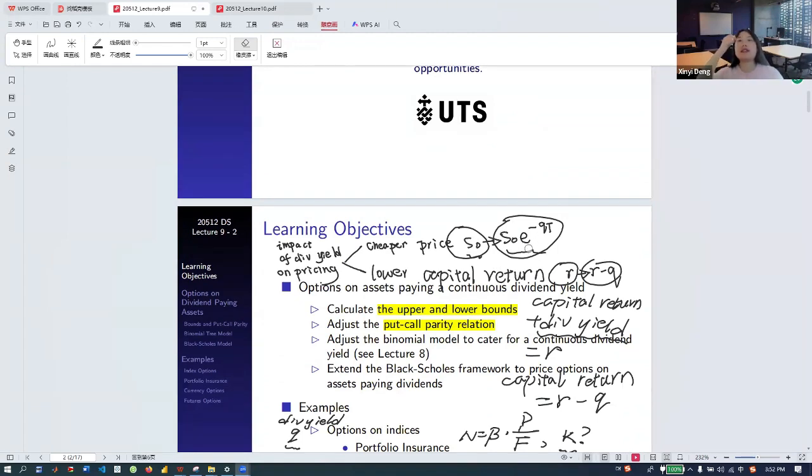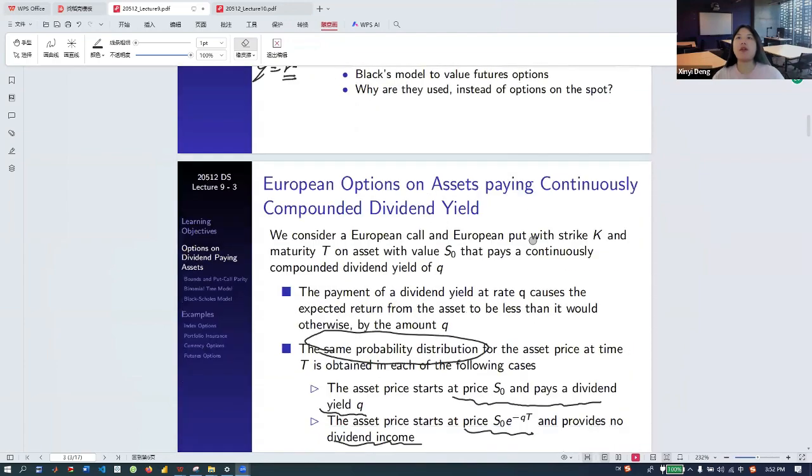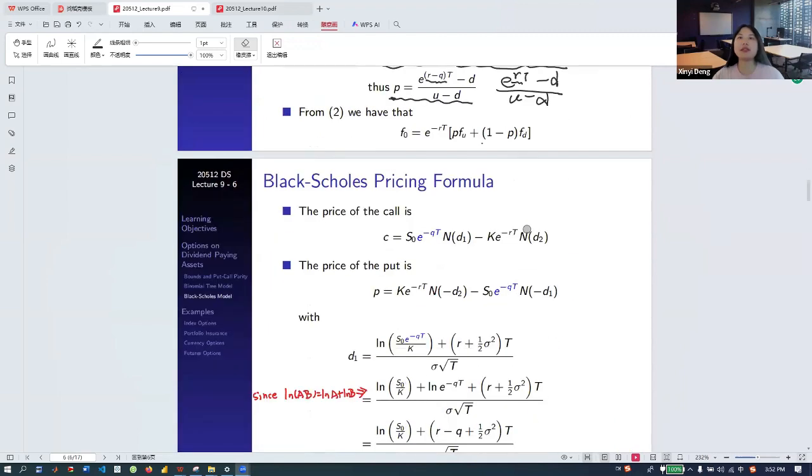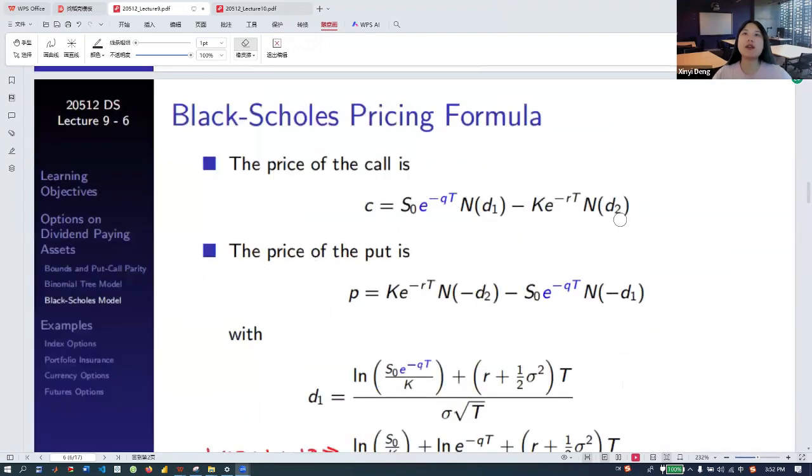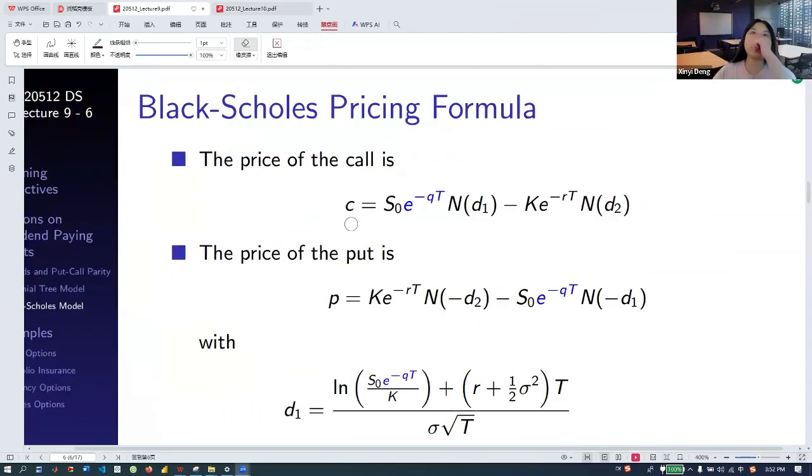So instead of S0, for options with dividend yields, S0 is replaced with S0 times e to the power of minus qT. Let's see how that influences the pricing relationship. For the expressions of C and P, the call price and the put price, it's straightforward. We just change anything associated with S0 to be S0 times e to the power of minus qT.